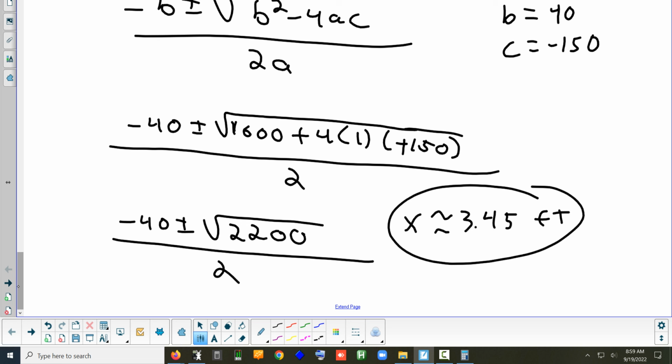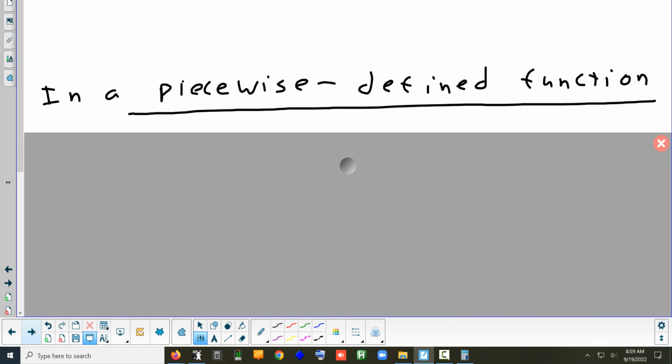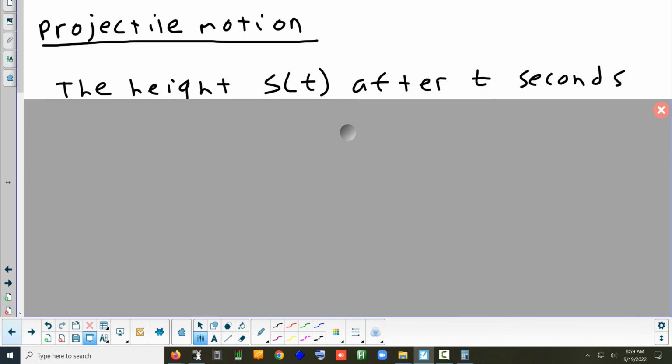So this problem, when we went to solve it, we created a quadratic equation. Highest exponent was a 2. There's one more type of application in this section that has equations with exponents of 2. And that has to deal with projectile motion.